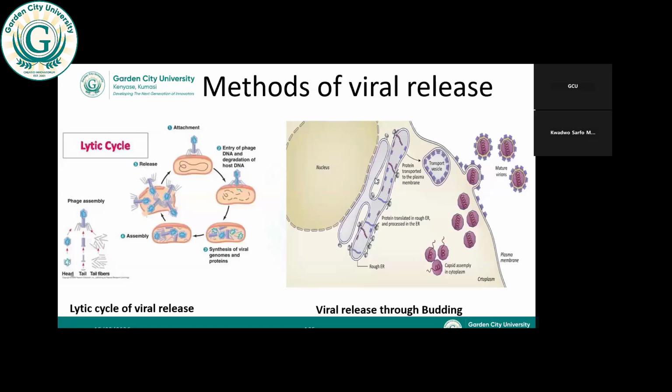Then you can have some that do not destroy the cell. They will come out by forming vesicles around themselves, and then they are brought out or released for the next cycle to go on. So for the lytic, they always destroy the cell before they come out. For the lysogenic, they don't destroy, and they come out as budded entities, and then they get into the host to infect new cells.